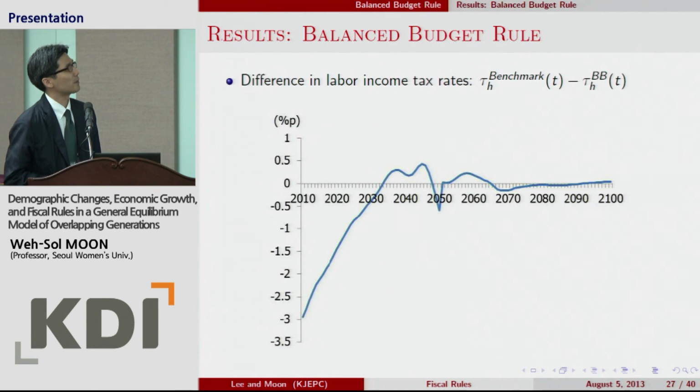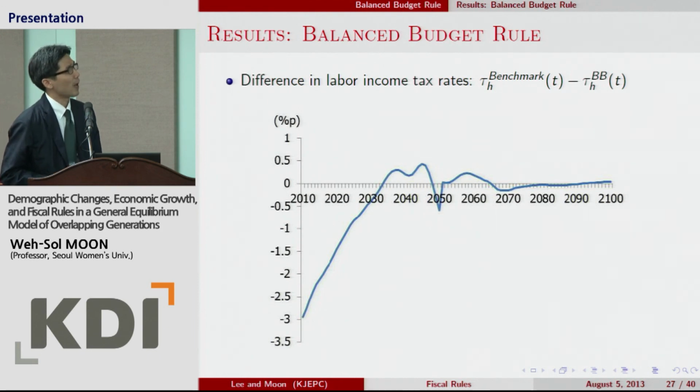This is a difference in income tax rate. We just subtract the income tax rate under the balanced budget rule from the tax rate under the benchmark rule. So if the graph is right here, that means the tax rate is higher under the balanced budget rule. This is obvious.